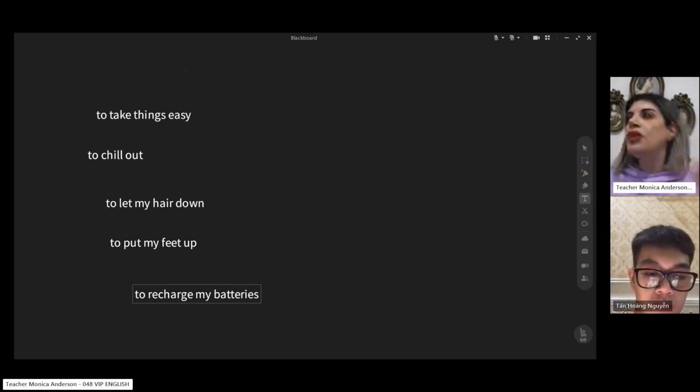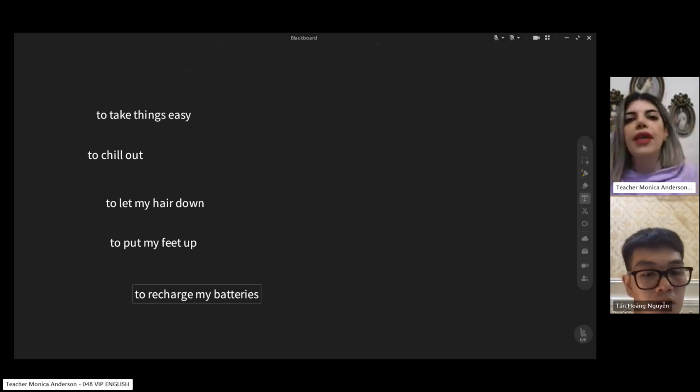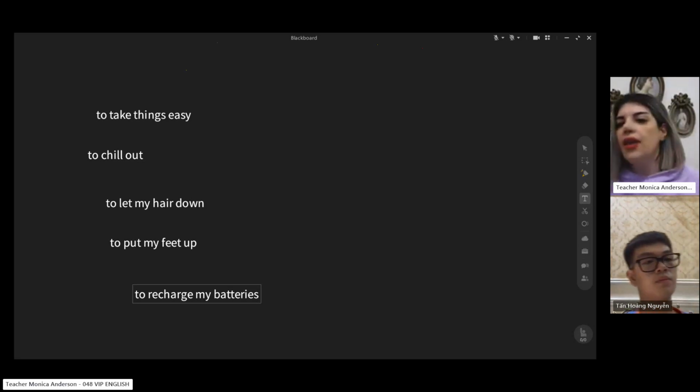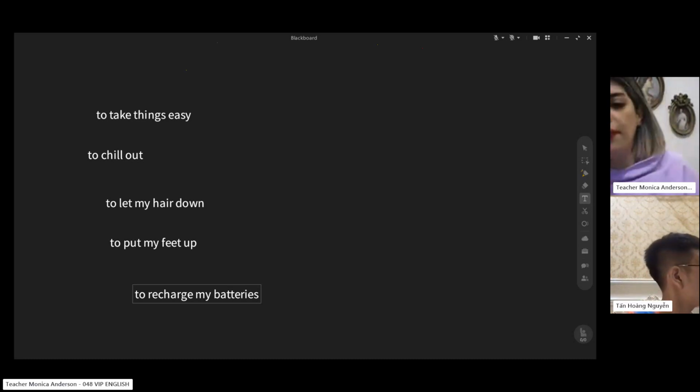It means you need to avoid repeating words, and you need to use different phrases and idioms in order to show your ability and your vocabulary resource, especially idioms. So first you say relax, then you say to take things easy. After that, you can say to chill out. Okay, so you can use all of them.